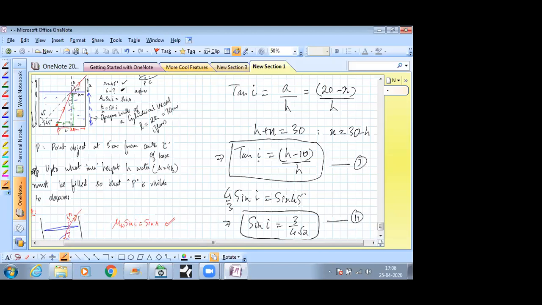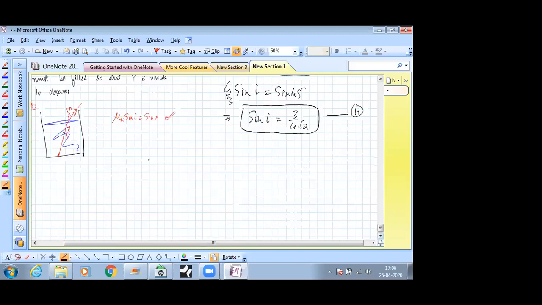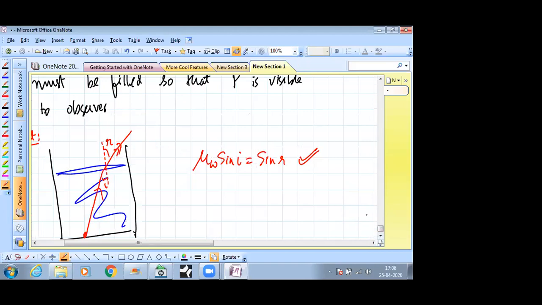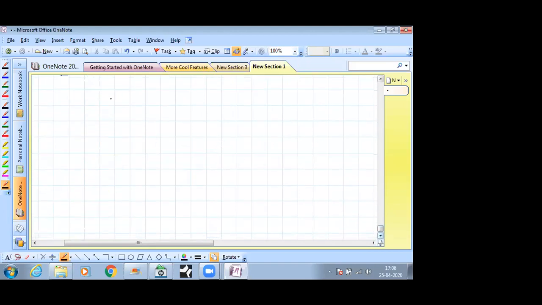So you can write tan I in terms of sin I. So, for example, if I take equation 1 and square it, I have tan square I, and on the other side it was, I think, h minus 10 divided by h, the whole square.